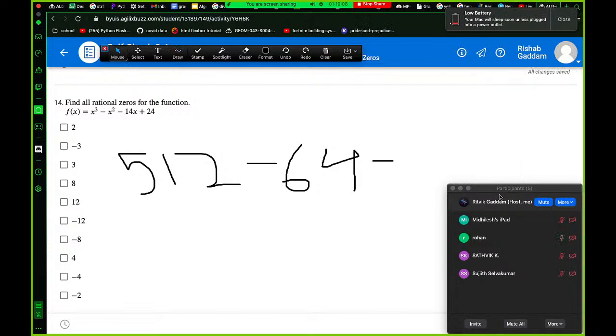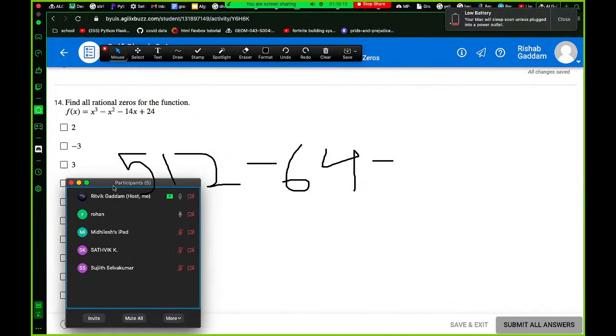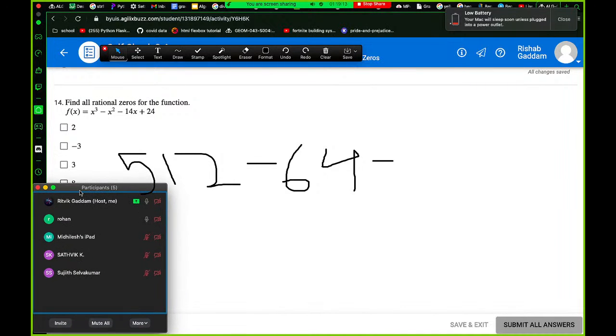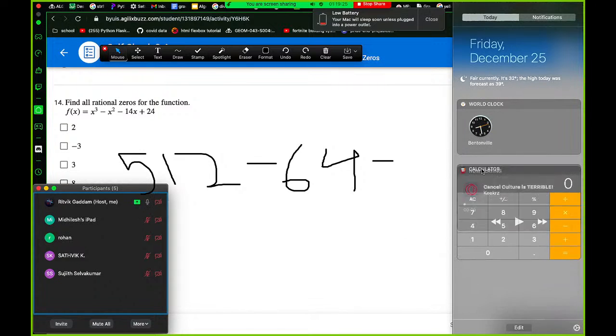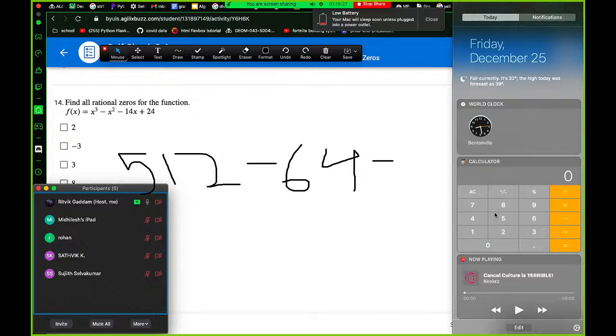I have a question, but it's not related to math. Yeah, what is the question? What browser are you using? It's called Opera GX. Yeah, it does look cool. It's not much different from Chrome, if you ask me. I just thought it would be cool, so I downloaded it.